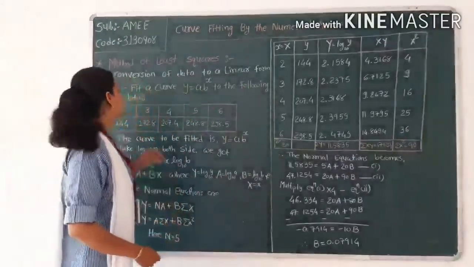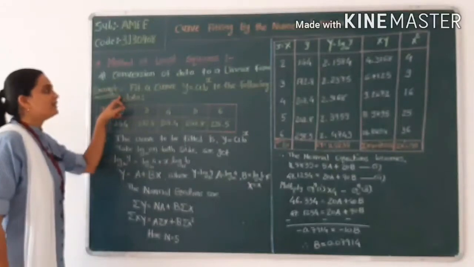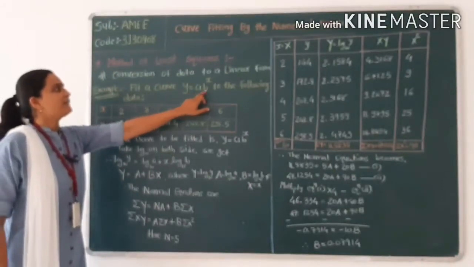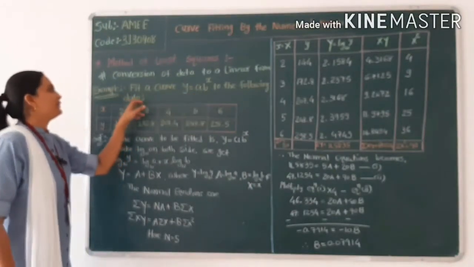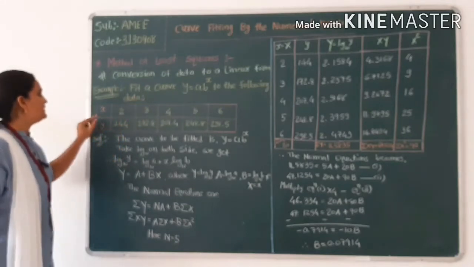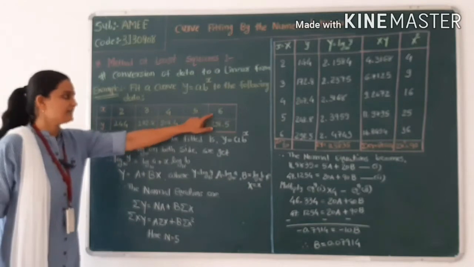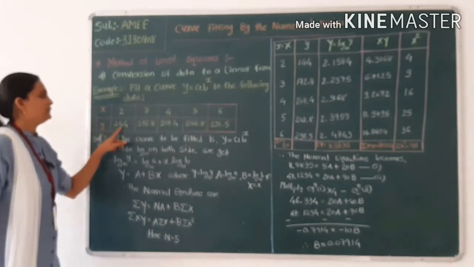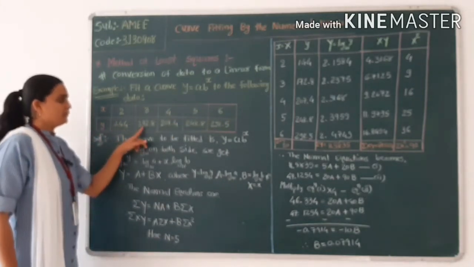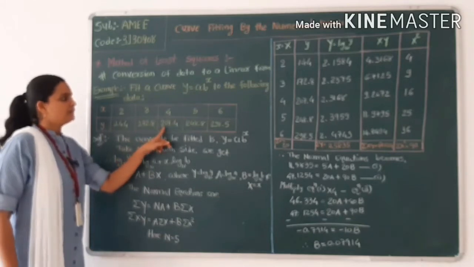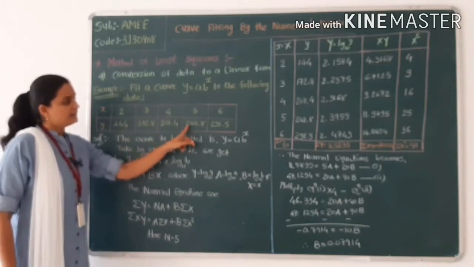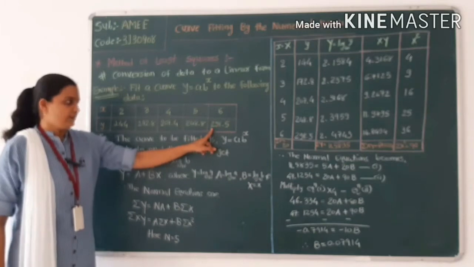Now the example: fit a curve y equals a b raised to x to the following data. The value of x is 2, 3, 4, 5, 6. The value of y is 144, 172.8, 207.4, 248.8, 298.5.